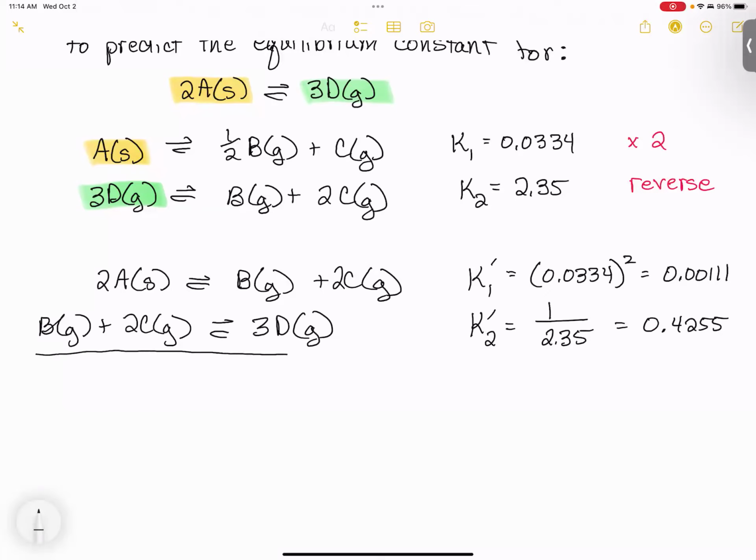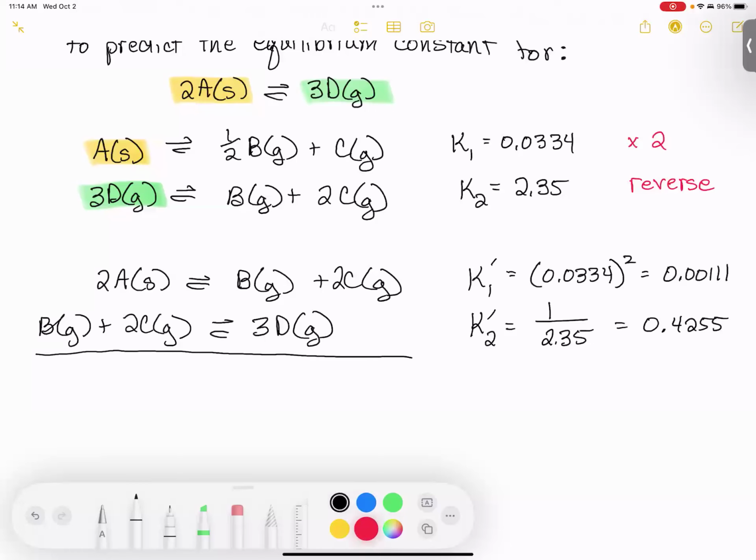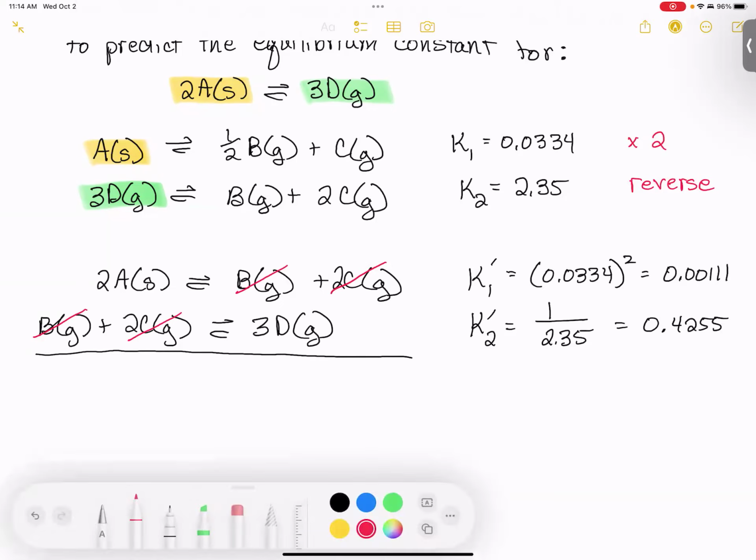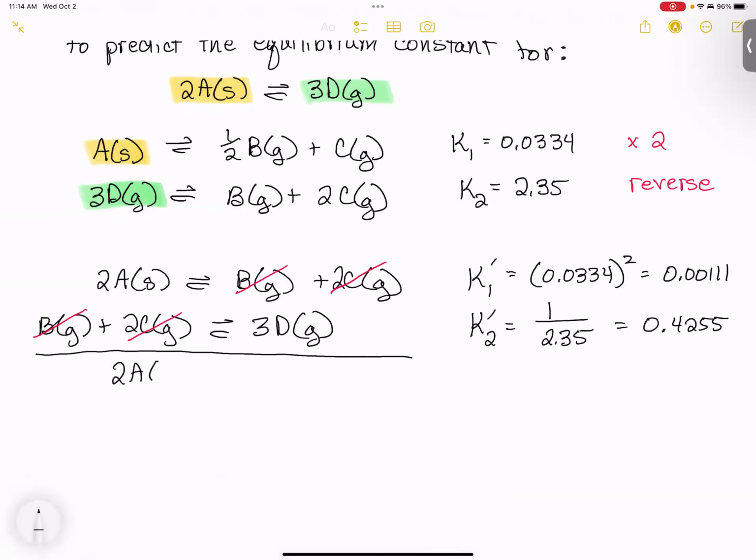Now, when we add these two reactions together, the B gas in the product side of the first reaction will cancel the B gas in the reactant side of the second equation. The 2C gas in the product side of the first equation will cancel out the 2C gas in the reactant side of the second equation. And what we're left with is 2A solid goes to form 3D gas, which is the target equation. So we added the two reactions together.